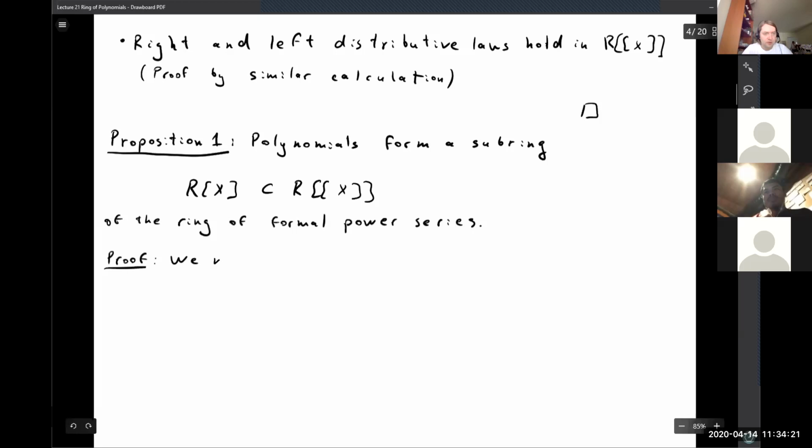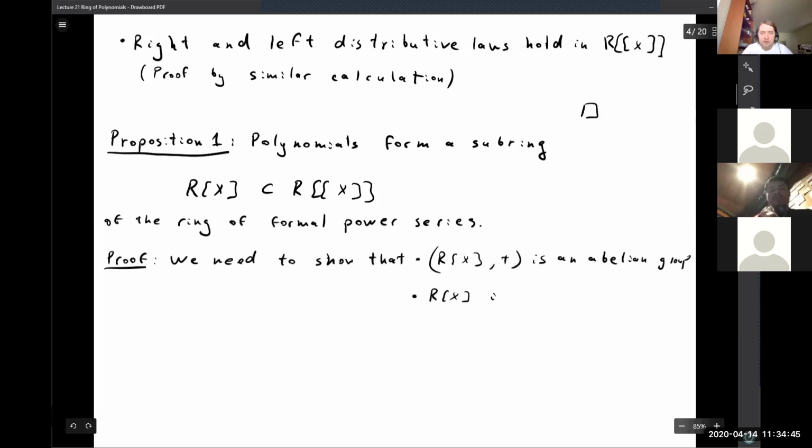So we need to show that R of X plus is an abelian group, and that R of X is closed with respect to multiplication of formal power series.